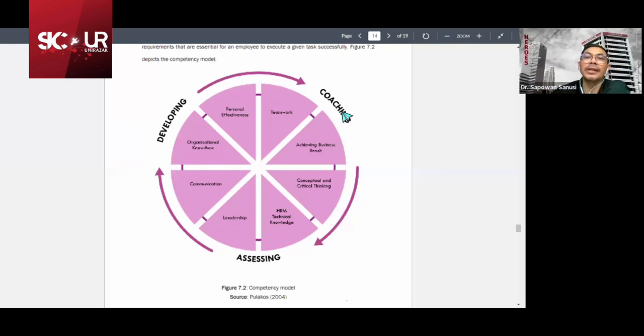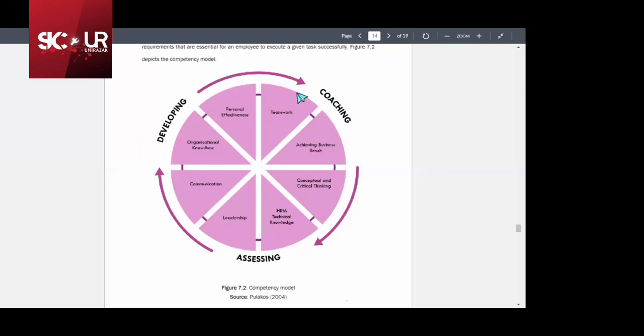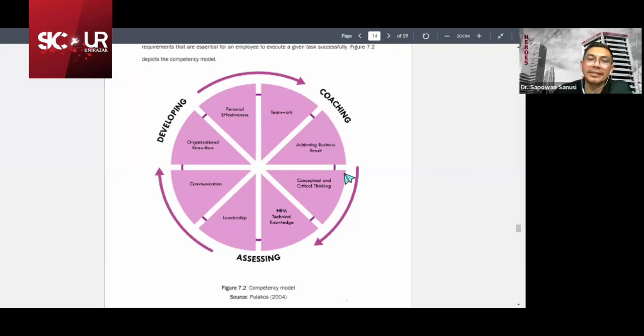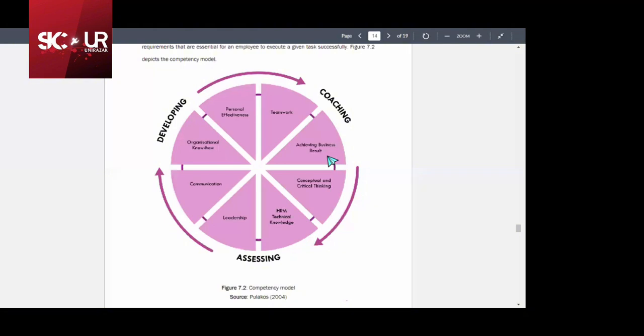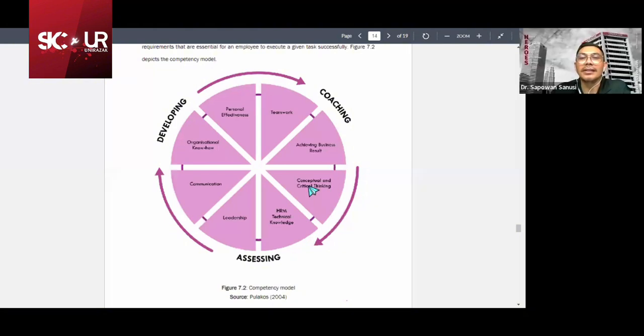That's why when you put coaching in this area, teamwork, achieving business result, and then conceptual and critical thinking, it gives more benefit to innovation, loyalty, cooperation, collaboration tu lagi mudah.